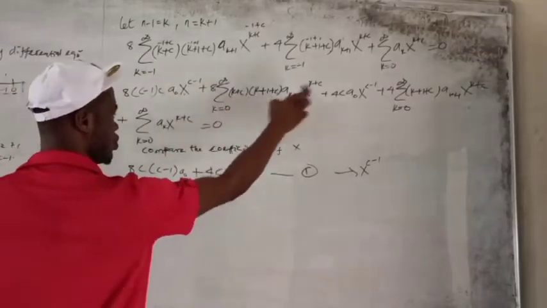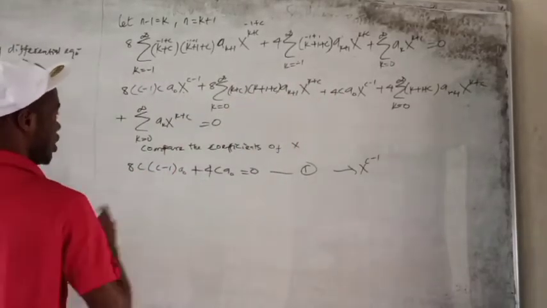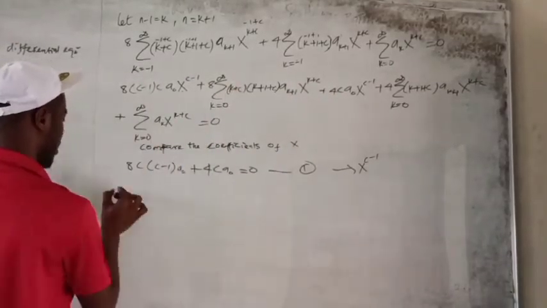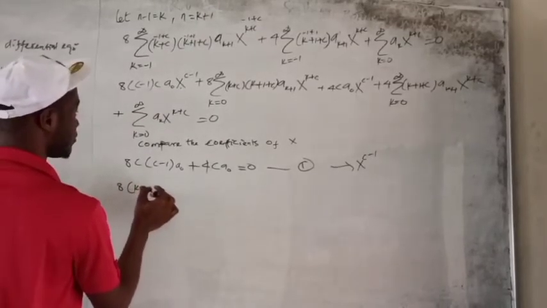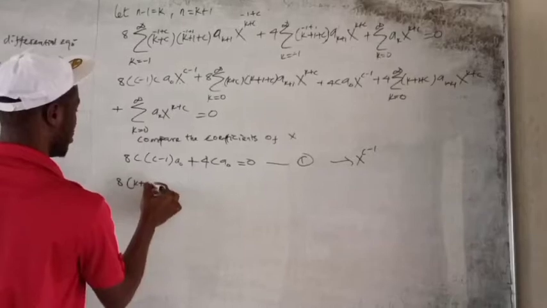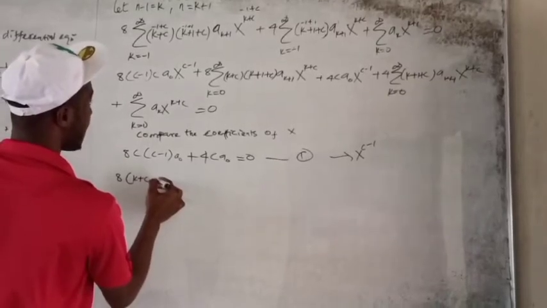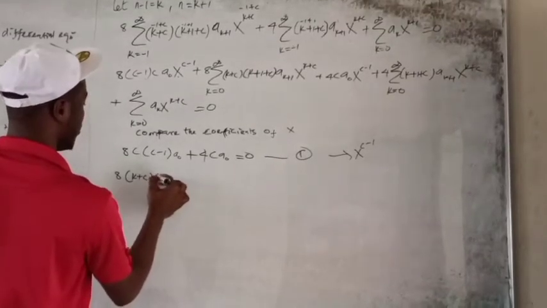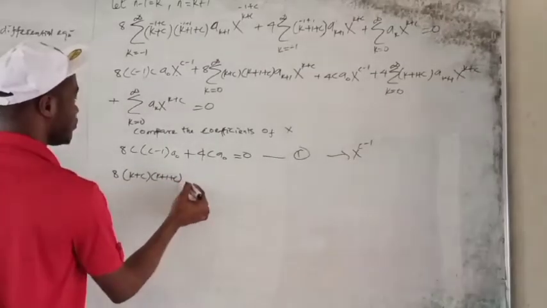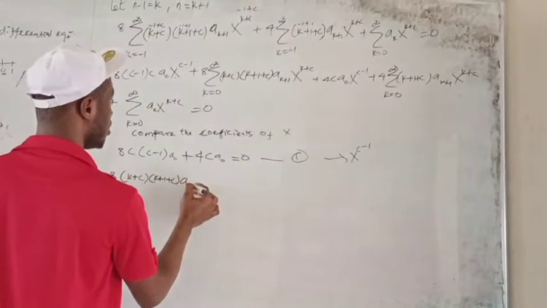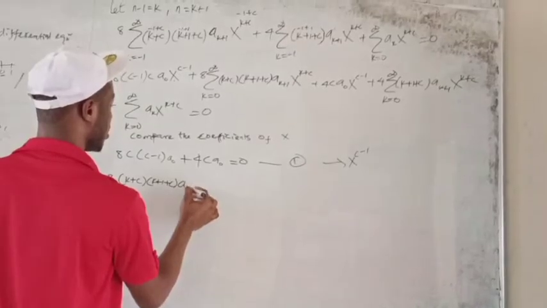Just take what you have inside the summation. So from the first one, I have 8 bracket k plus c, a bracket k plus c, bracket k plus 1 plus c, a subscript k plus 1.